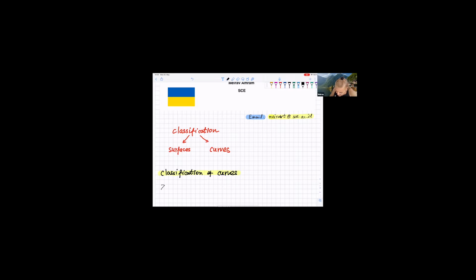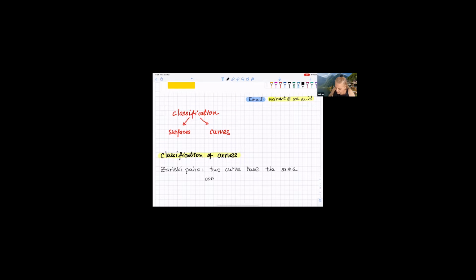Actually, we find Zariski pairs. So, what does it mean? It means that if I take two curves, they have the same combinatorics, but they have different fundamental groups.